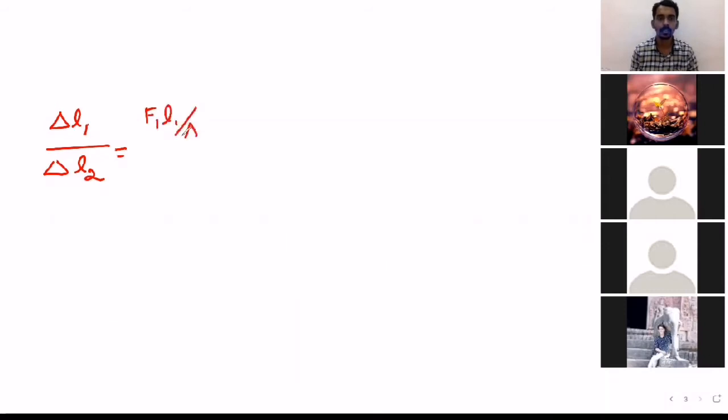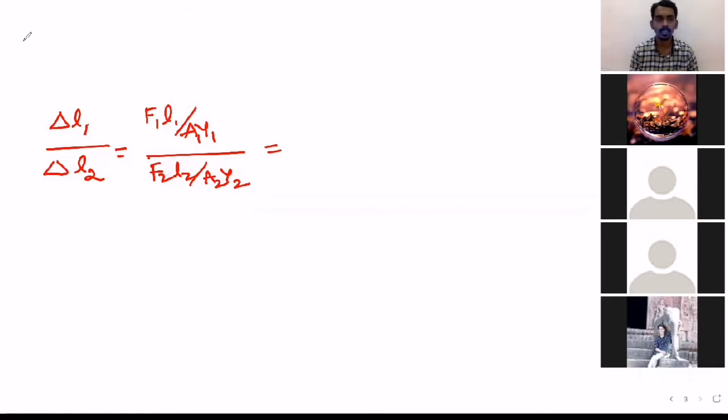F1 L1 by A1 Y1, whole divided by F2 L2 by A2 Y2. Now A1 Y1 will come down, A2 Y2 will go up.